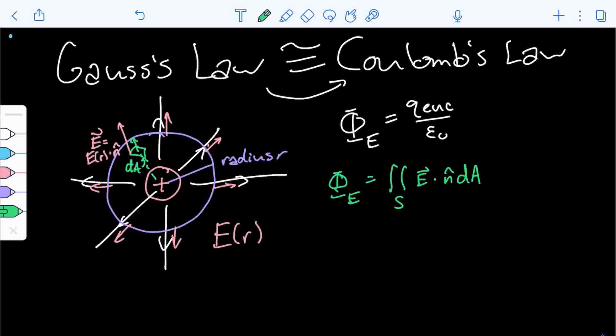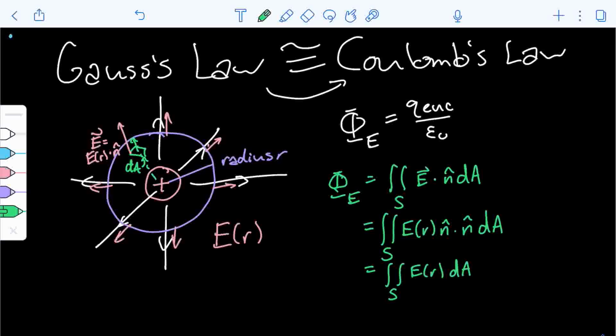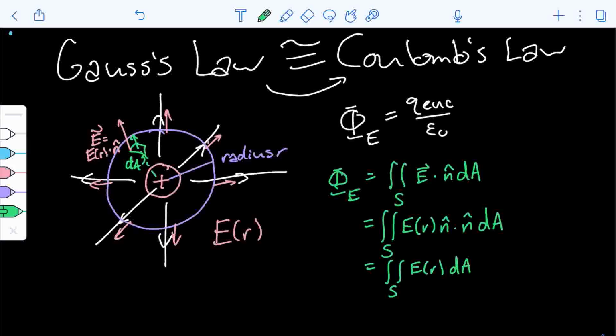So what we get is that this is equal to the surface integral of E of r times n hat dot n hat dA. Now n hat dot n hat is just going to be 1. So this gives us the surface integral of E of r times dA. Now E of r is a constant, so that means we can pull it out.